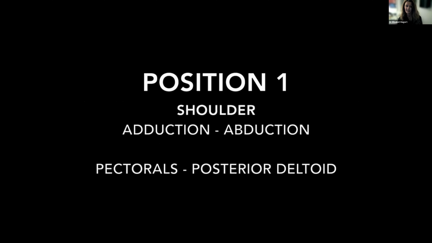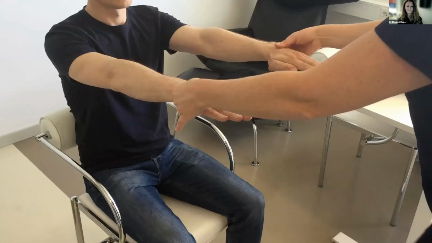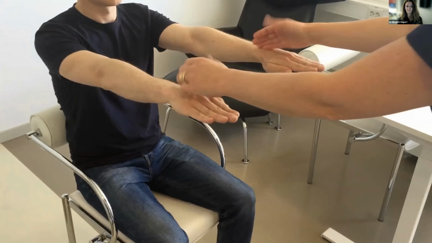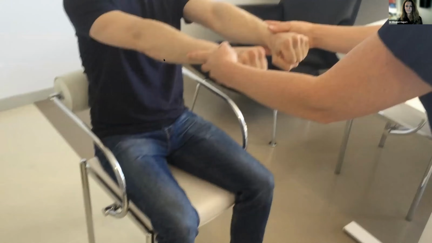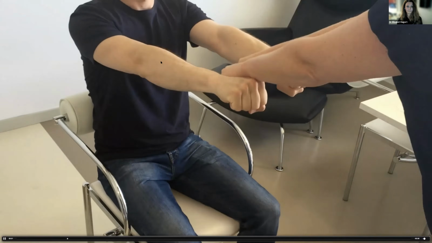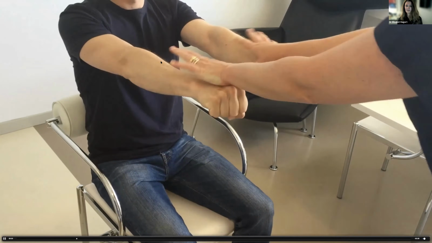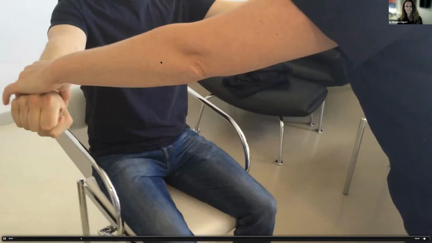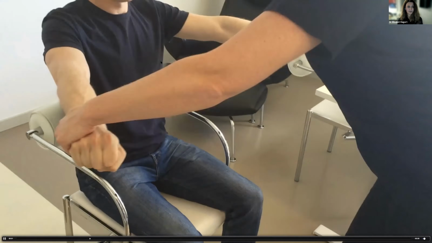So remember, bilateral testing, always start with the shoulder. Patient is seated straight, firmly. Elbows straight, make a fist, a little bit closer. And resist as I push out, and resist. Perfect. You test the strength and pectoral. Side, resist as I push in. Testing the posterior deltoid.